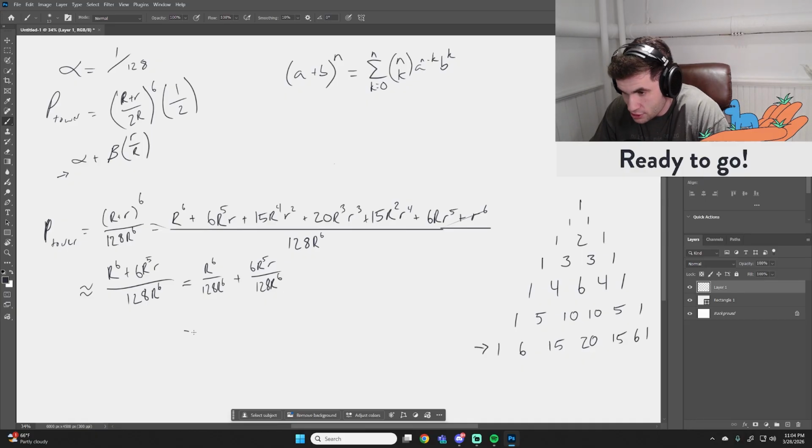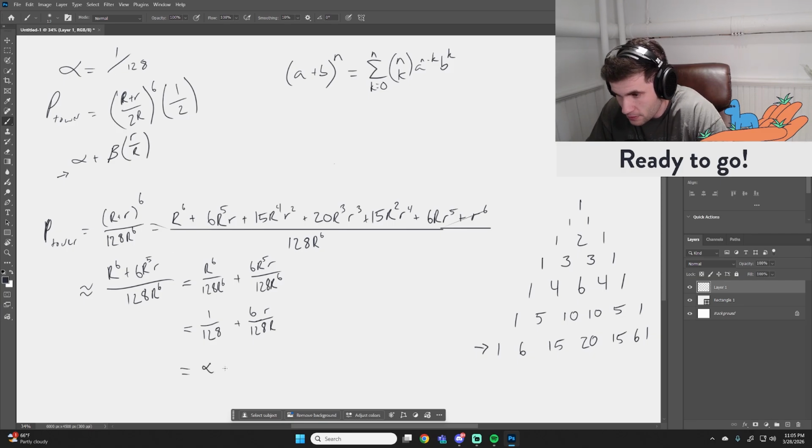And then let's just consolidate. We have 1 over 128 plus 6 over 128, however it's little r over big R, right? Now let's just simplify all in one. We have 1 over 128, which we know is alpha.